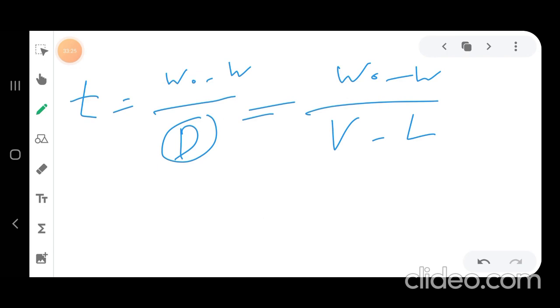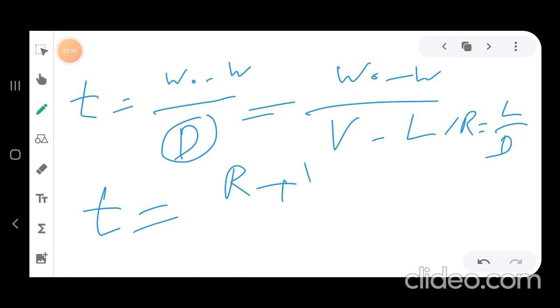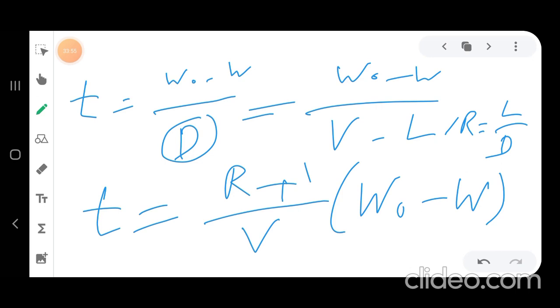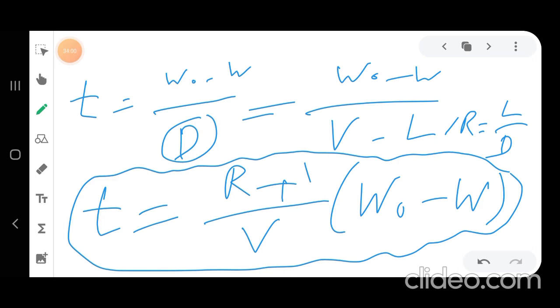Reflux ratio is L over D. For example, you can divide both sides by D or manipulate this equation somehow. At the end of the day, you will reach this equation, which is T is equal to R plus 1 over V times W naught minus W. So this equation can be used if you have a constant R batch distillation in order to calculate the time.